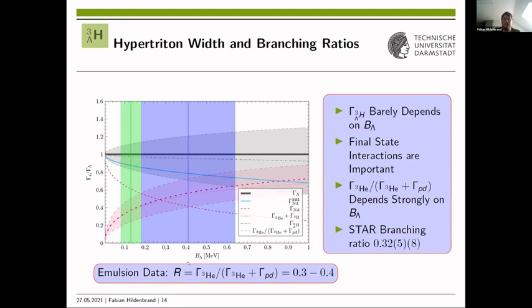There was this old emulsion data, where the branching ratio basically predicts a range between 0.3 and 0.4. So when we look at this plot, this is roughly this box here. And the STAR value also predicts a value within this box.